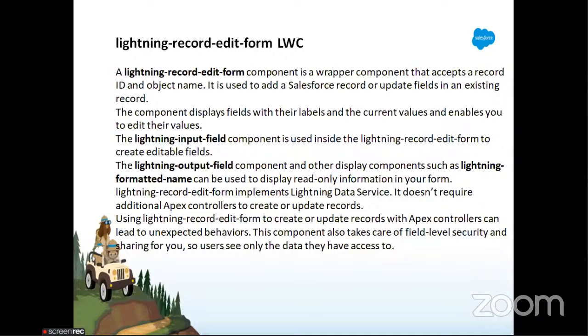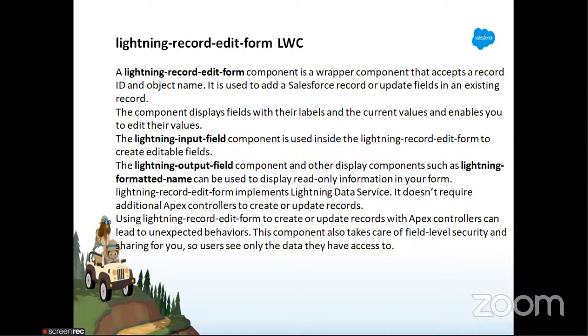Or we have some mechanism by which we can get the current record ID. So it will display those fields, as well as the fields that you included in your component, right? So we have both options. You can also edit that particular record. So this component displays fields with their label and current value, and enables you to edit their value.